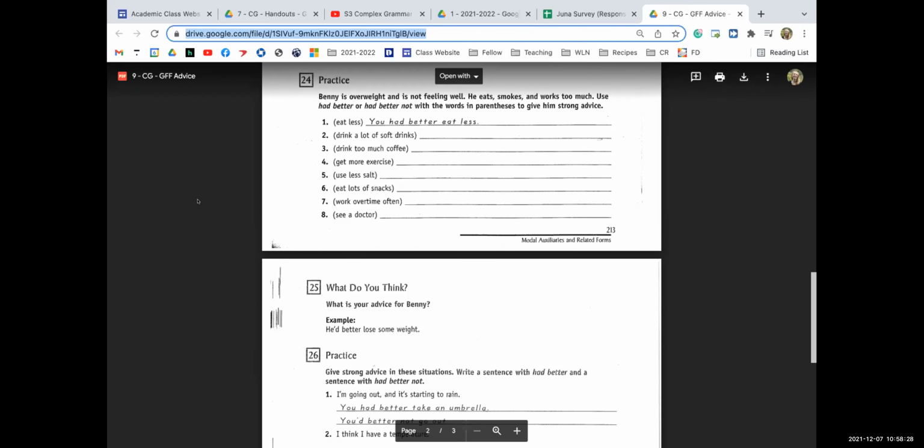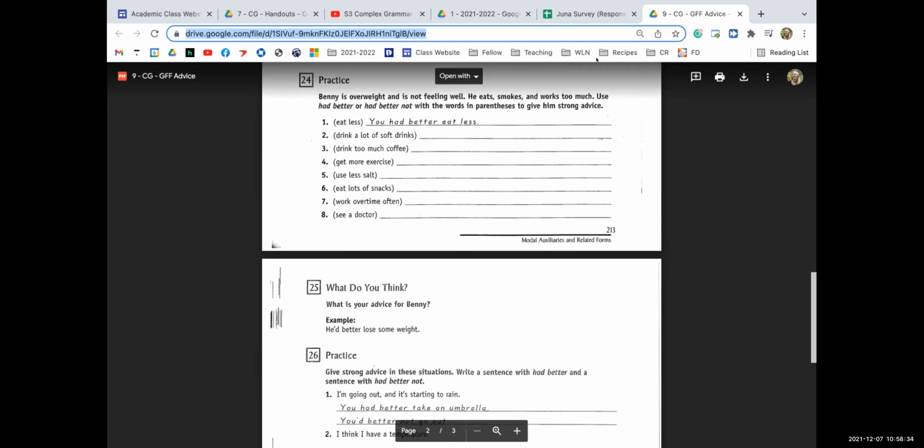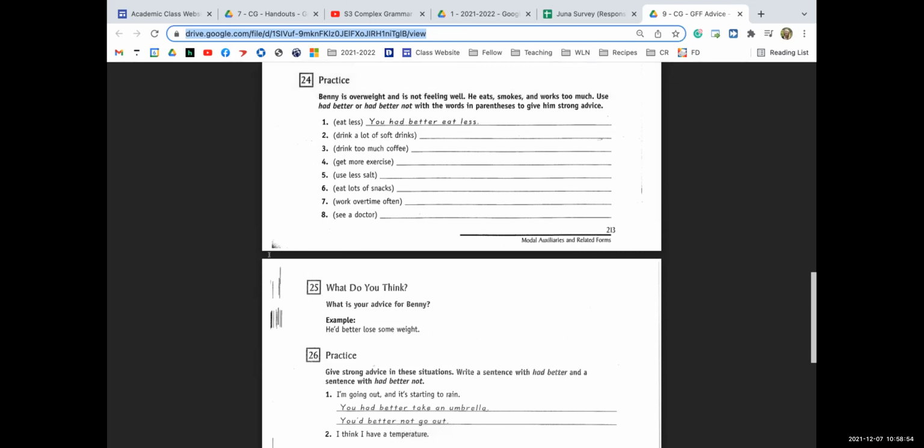He had better not drink too much coffee, right? Then he had better get more exercise, and then he'd better eat vegetables. He had better use less salt.